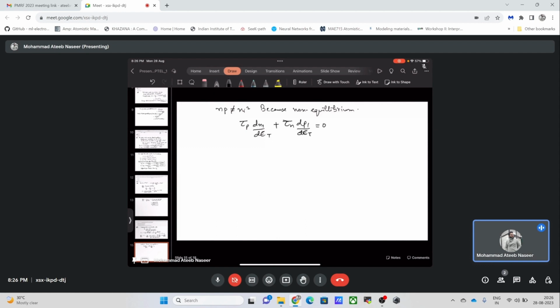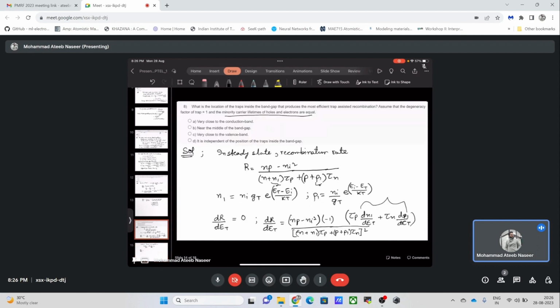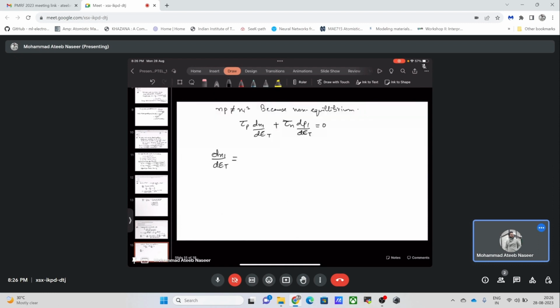Now dn1/dEt is ni gt/kT times exponential of (Et − Ei)/kT.